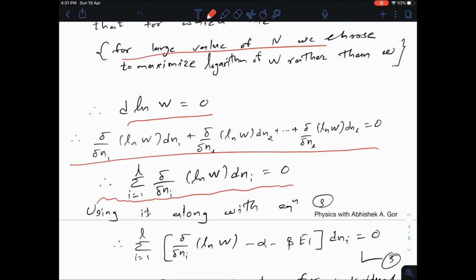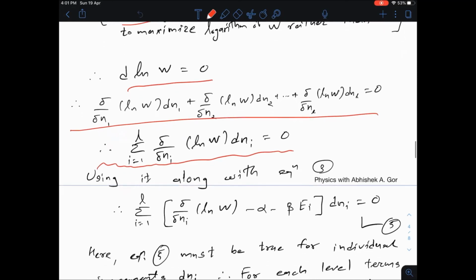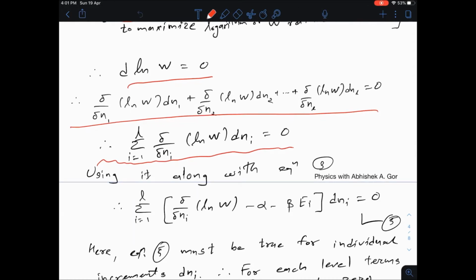So from equation number 3 and this equation, we can write this equation as summation i = 1 to L of (∂/∂n_i ln W minus alpha minus beta e_i) dn_i is equal to 0.